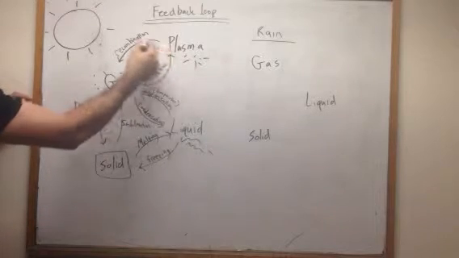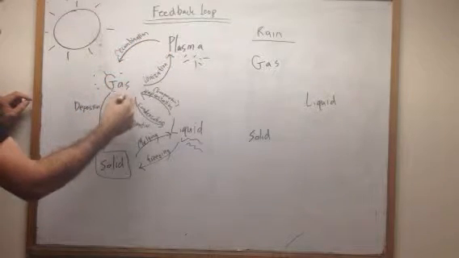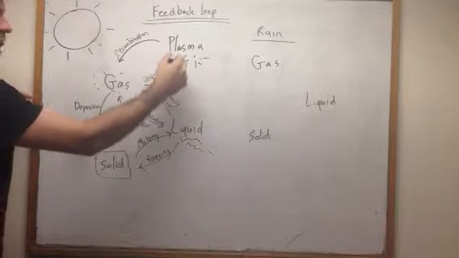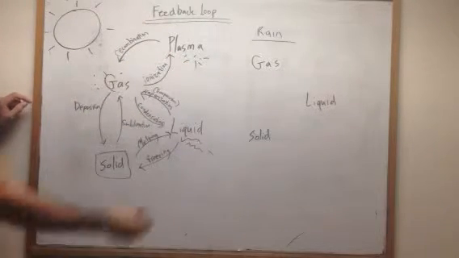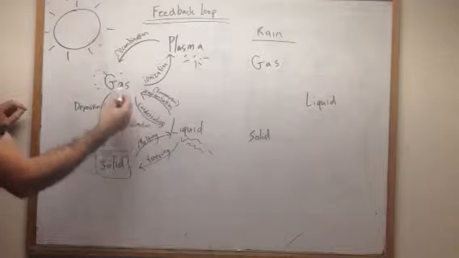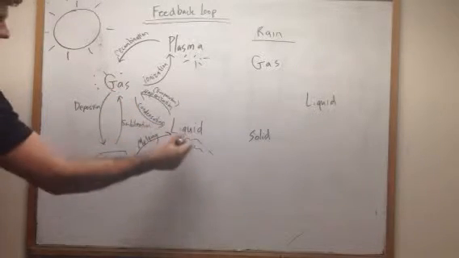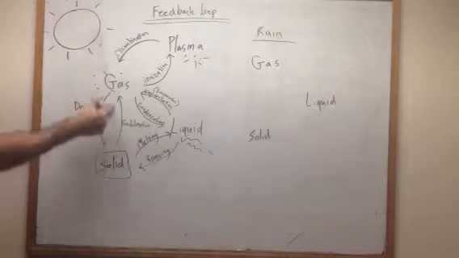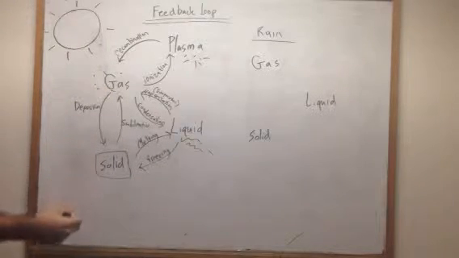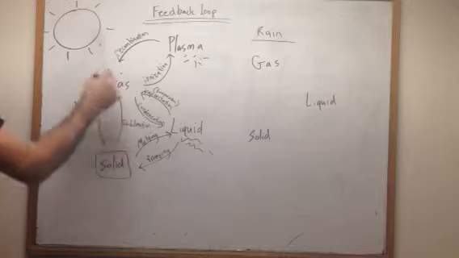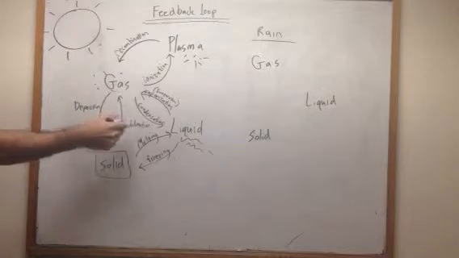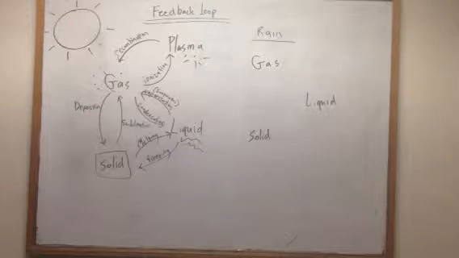You have plasma recombining into gas, releasing heat, and then gas ionizing, absorbing heat, becoming plasma again. Liquid vaporizes into gas, and gas condenses into liquid. Solids melt into liquids, liquids freeze into solids, and gas deposits as solids, and solids sublimate into gas. That's what dry ice sublimation is, if you want an example for that.